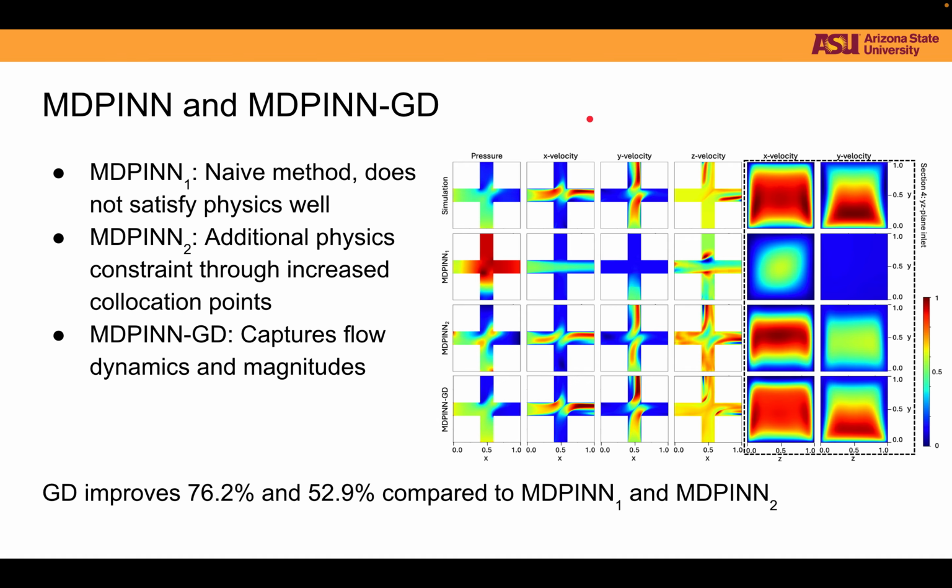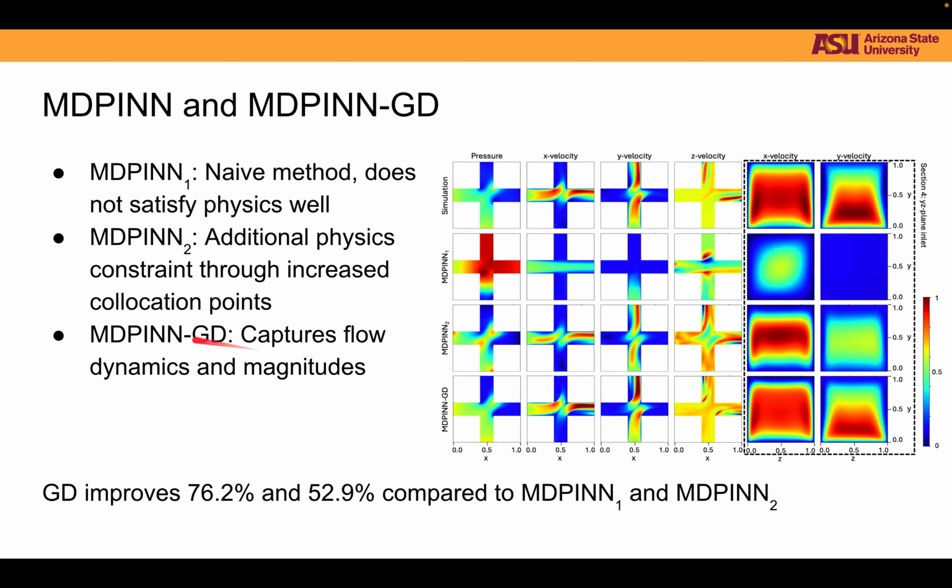Now we can compare a traditional MD pin, which is a domain decomposition method, versus our MD pin with our additional global continuity constraints. We've shown 3 different MD pins here. The first one is just a naive method, and the second one has additional physics constraints through additional collocation points, and we see that additional collocation points indeed help with the prediction results.